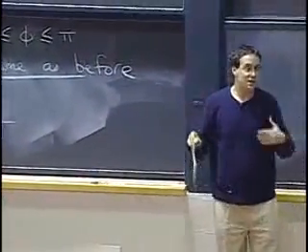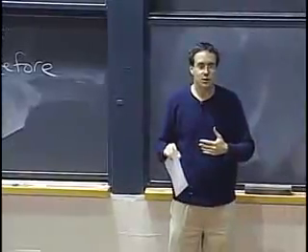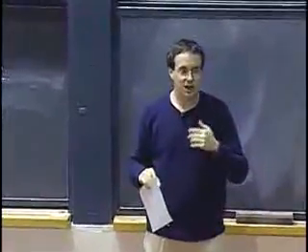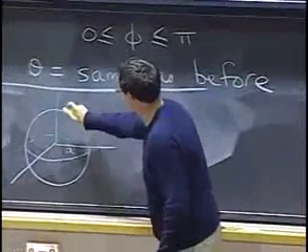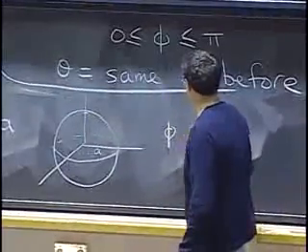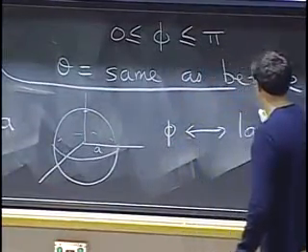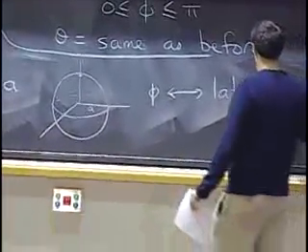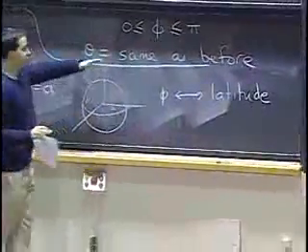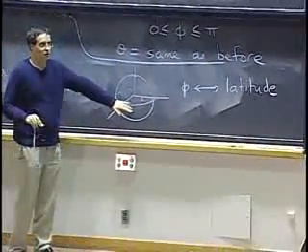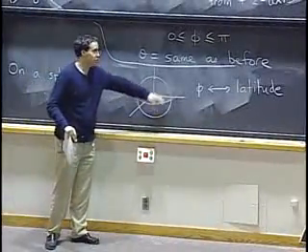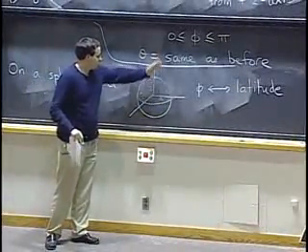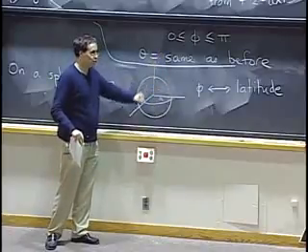So if you've learned about latitude and longitude in geography, well, phi and theta you can think of as latitude and longitude, except with slightly different conventions. Phi is more or less the same thing as latitude in the sense that it measures how far north or south you are. The only difference is in geography, latitude is 0 on the equator and becomes something north or something south, depending on how far you go from the equator.